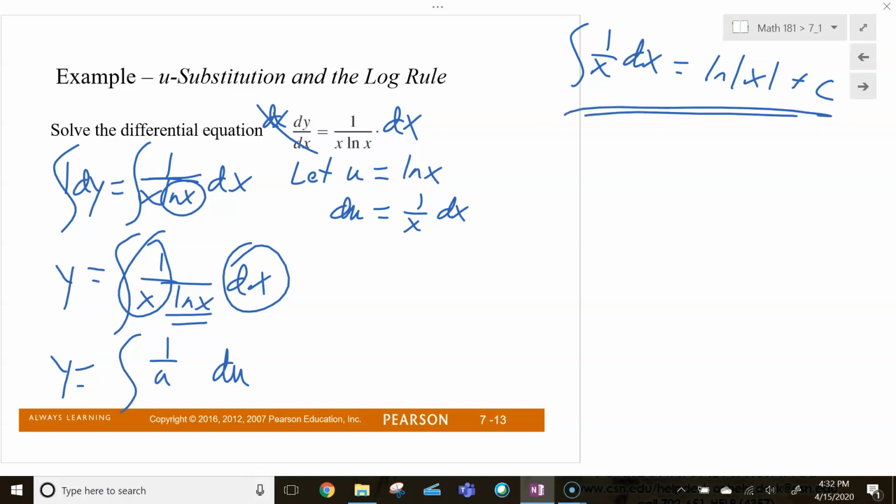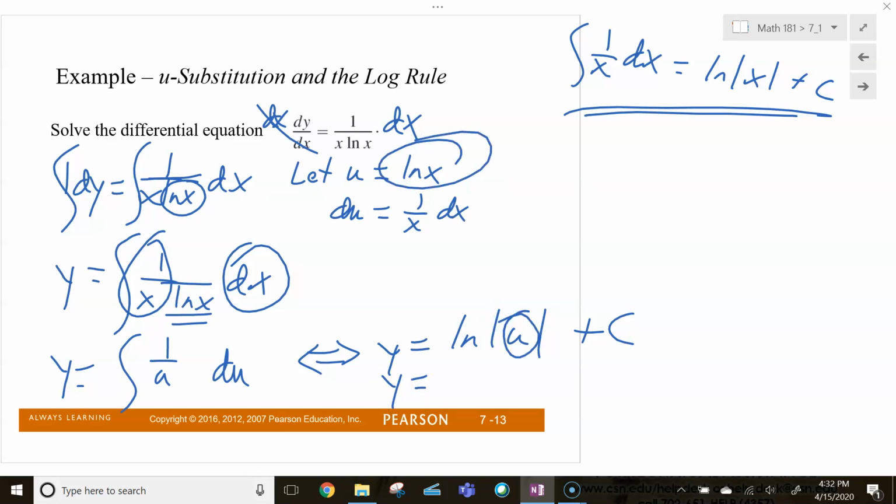We've got 1 over u. We know the integral of 1 over u du is the natural log of the absolute value of u plus a constant. And now we just throw u in. What was u? U was the ln of x. So it's the ln of the absolute value of the natural log of x plus a constant.